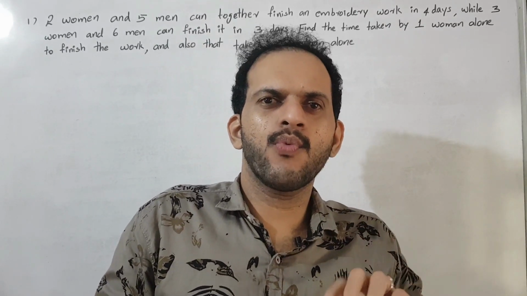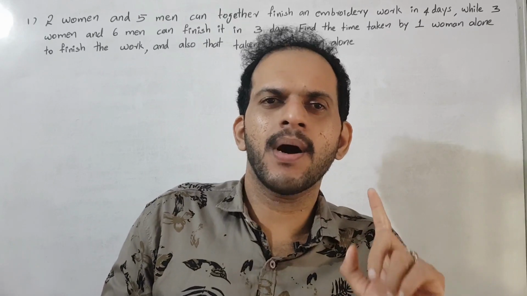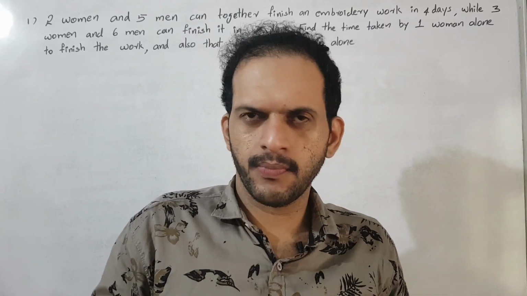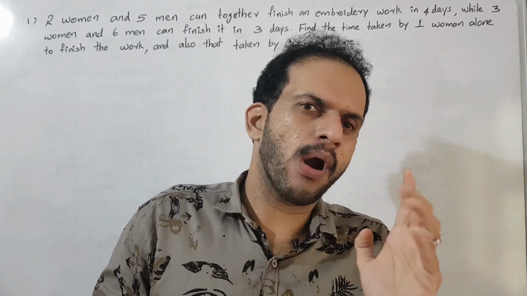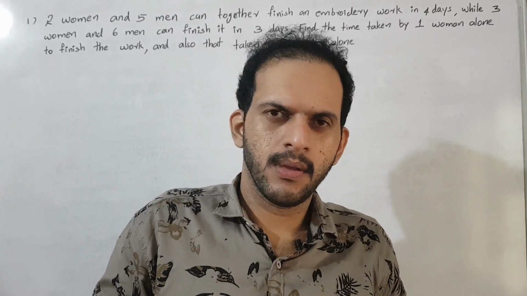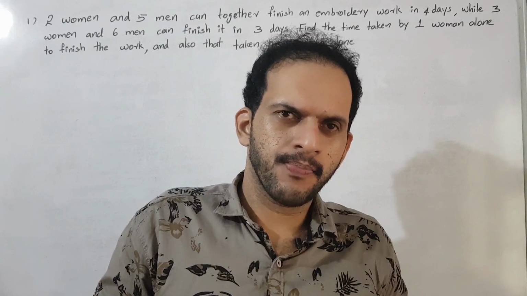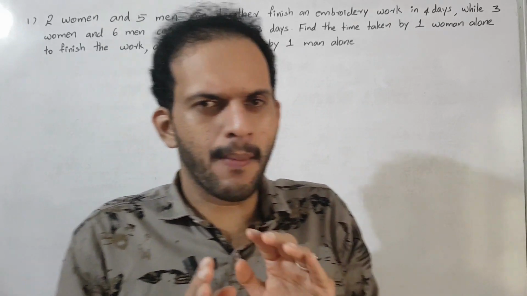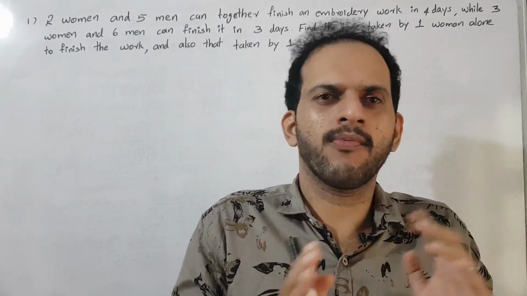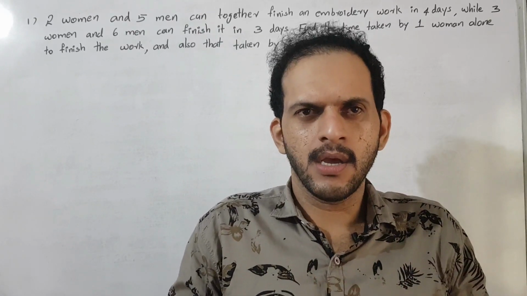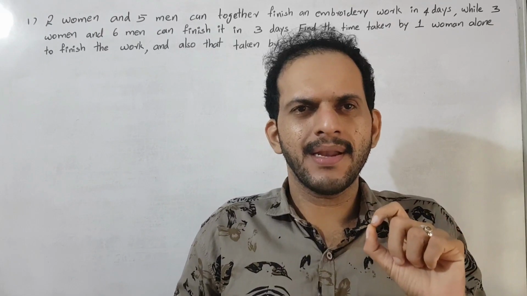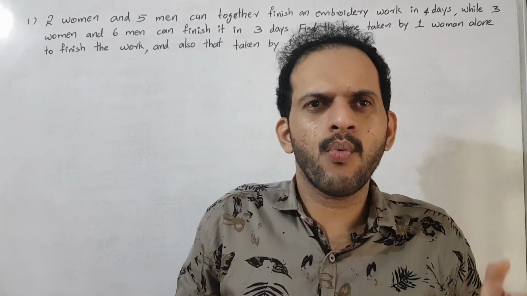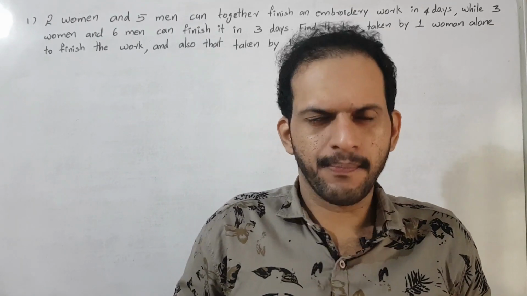we need to convert everything to per one unit. Clear? One unit means, if the time given to complete the work is 6 days or 4 days or 3 days, then we need to find the amount of work per 1 day.